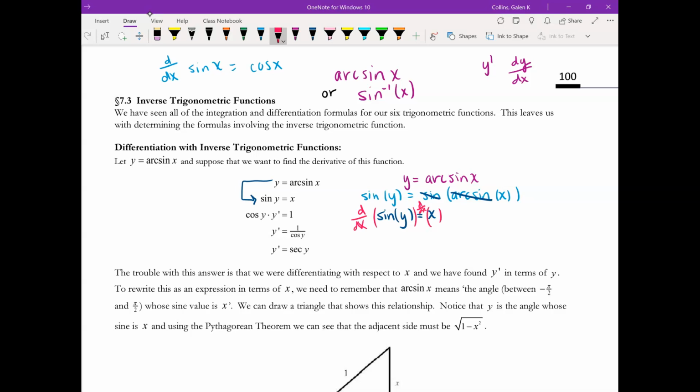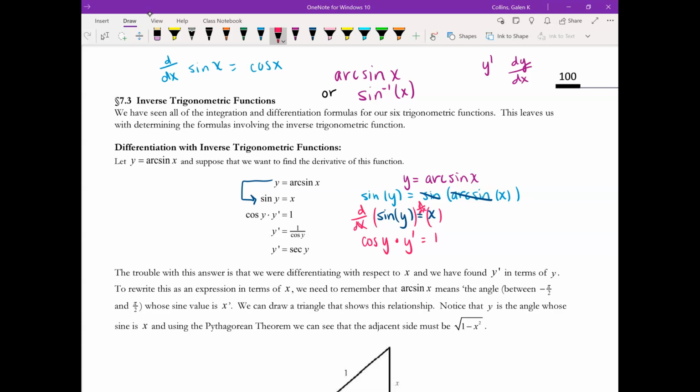So the sine of y, well, the derivative of the sine of some junk is the cosine of the junk times the derivative of the junk. So we get cosine y times y prime. The derivative of x with respect to x is 1.